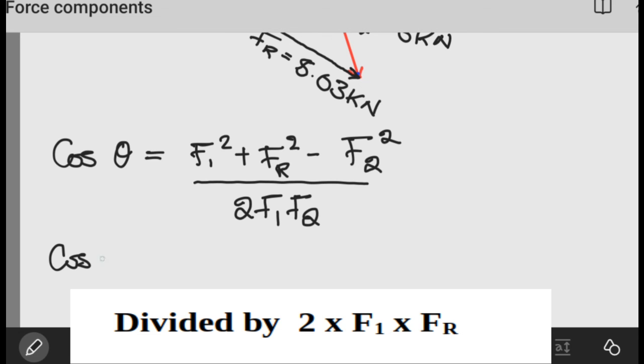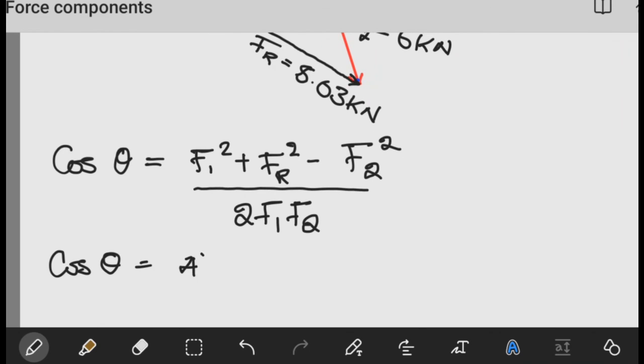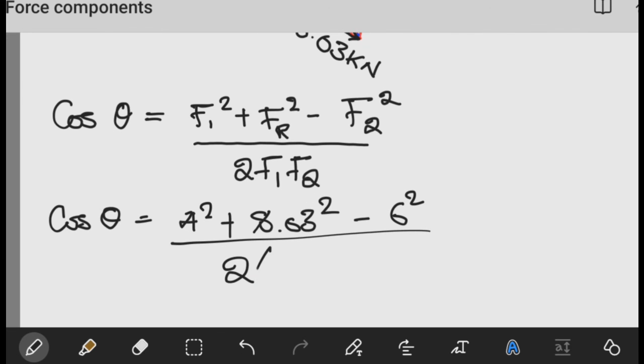From here we can do the substitution. We know what F1 is, so this is 4 squared plus the resultant force, which is 8.03 squared, then minus F2, which is 6 squared, divided by 2 times 4 multiplying 8.03.